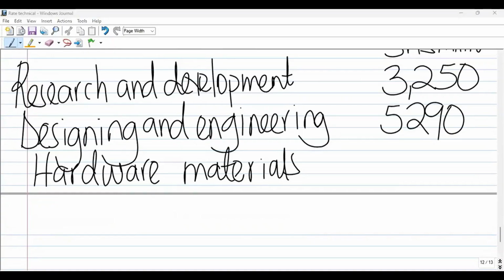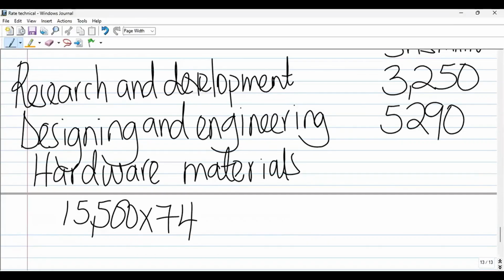So we take the cost of 15,500 they have given us times 74%. Or someone can get 26% of 15,500 and subtract that amount from the 15,500. What do we get as hardware materials? 11,470.